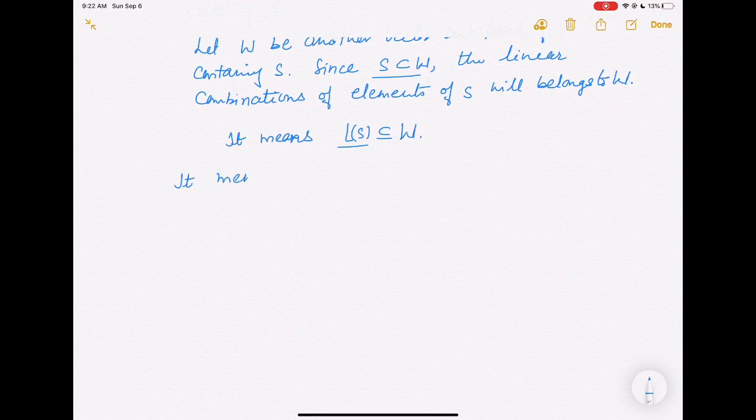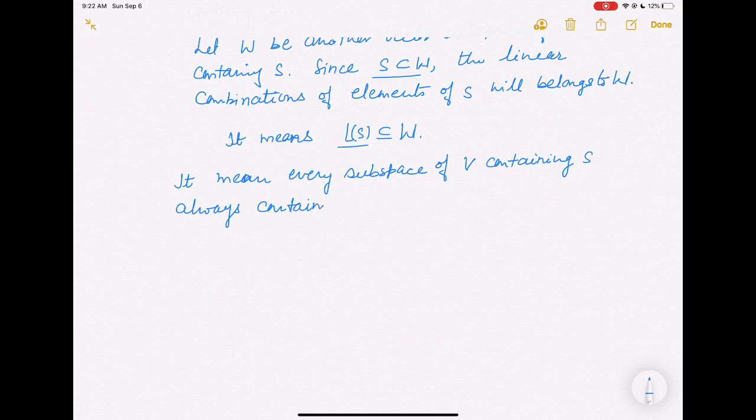It means every subspace of V containing S always contains L(S).